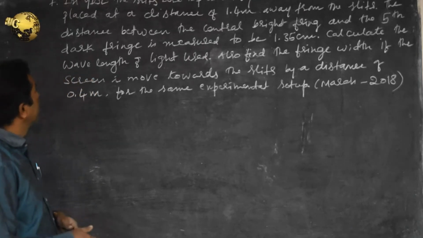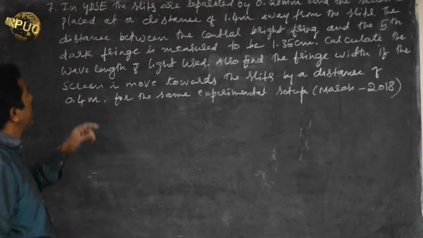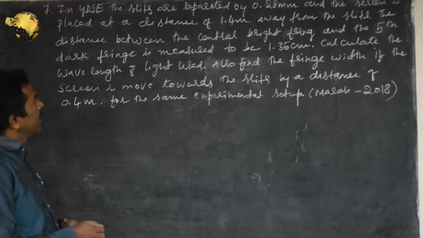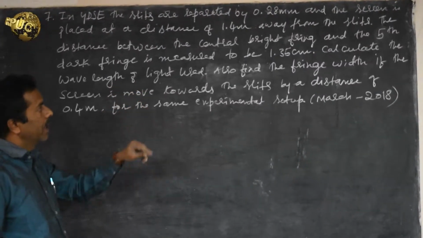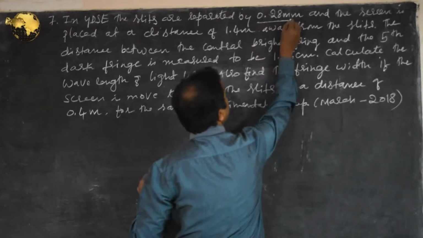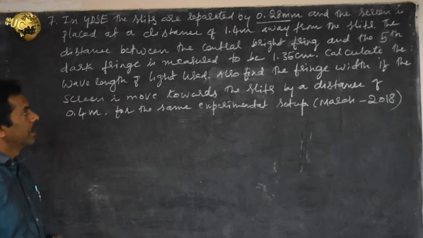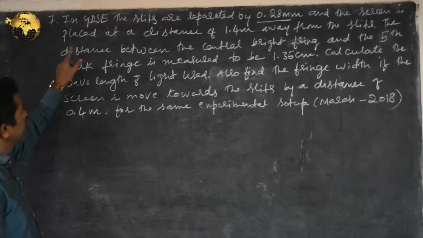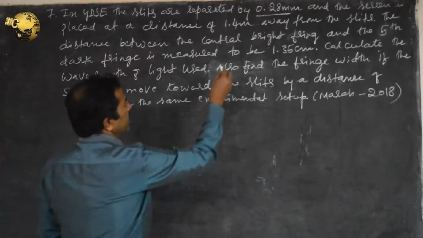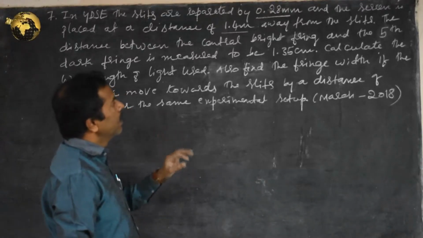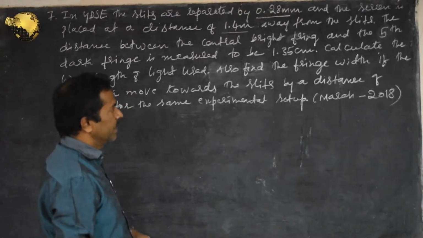Let us go to the next one, the seventh problem from unit 78. In YDSE, slits are separated by a distance of 0.28 millimeter, and the screen is placed at a distance of, this is capital D, 1.4 meter away from the slits in the first place.